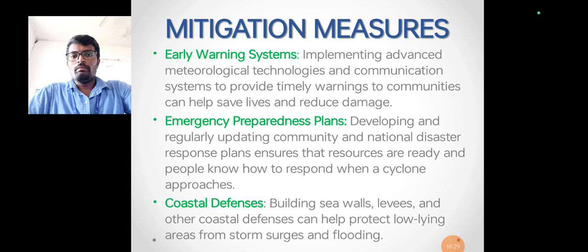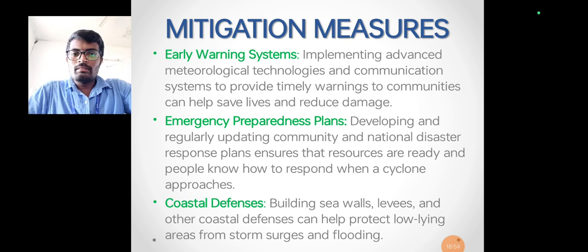Now coming to the mitigation measures. For every disaster, the first is to give early warning systems via television, radio, social media, poster presentations and voice recordings. Through early warning systems, people migrate to safer places, which reduces the impacts of the cyclone.